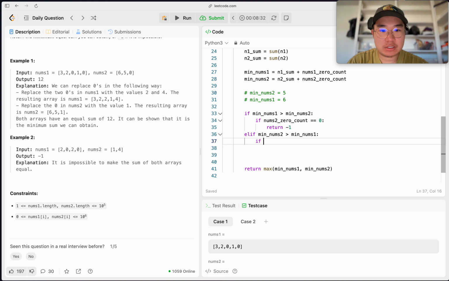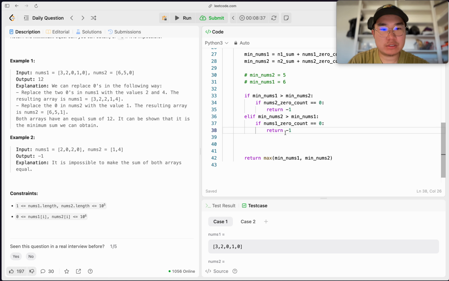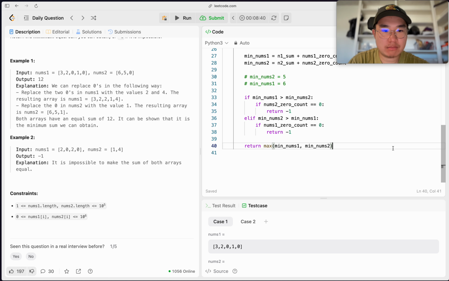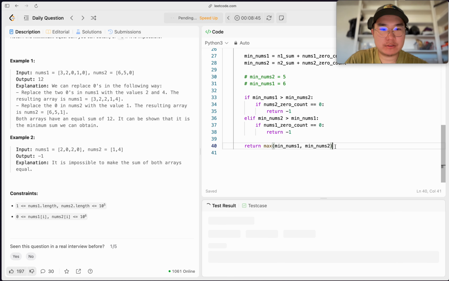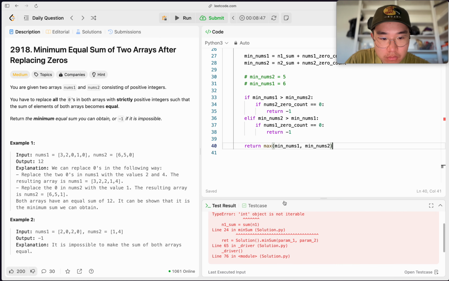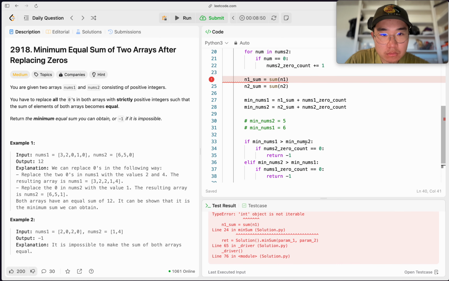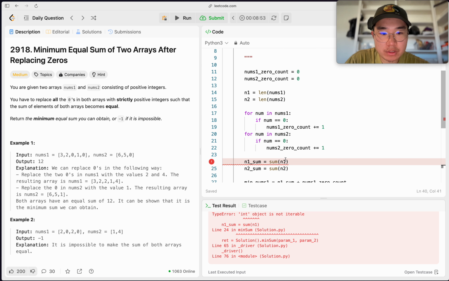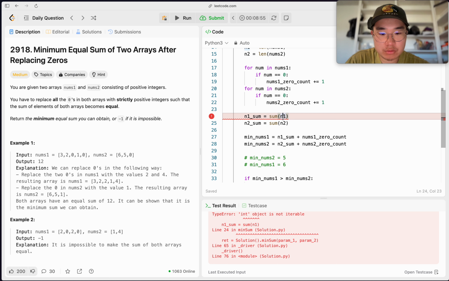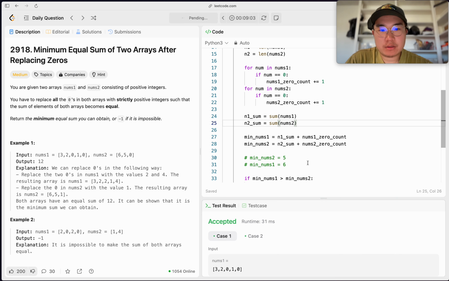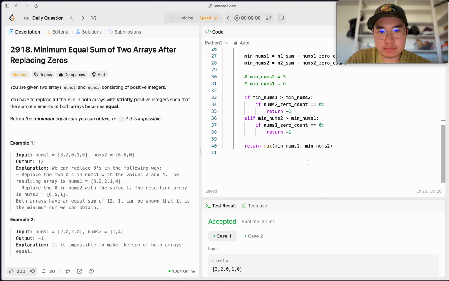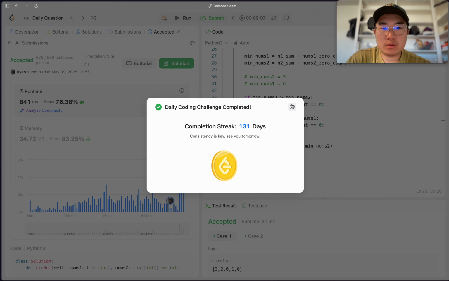But if nums1 zero count is equal to 0, then we just return -1. So I think that covers the edge case. Otherwise, we return the max of those. Let's go ahead and run this. Oh yeah, sum of n1, it's not n1, it's nums1 and nums2. Nice, okay. Cool, not that bad.